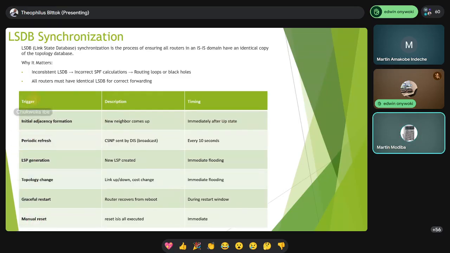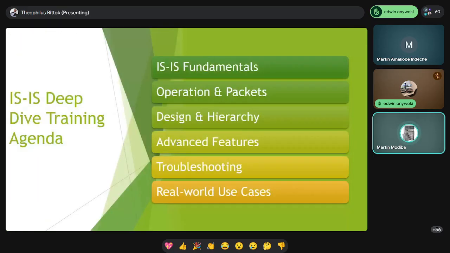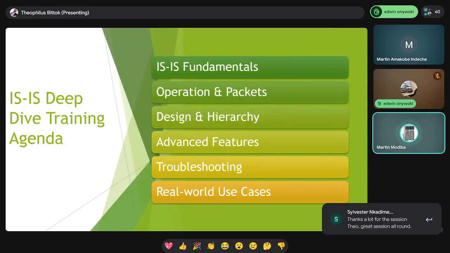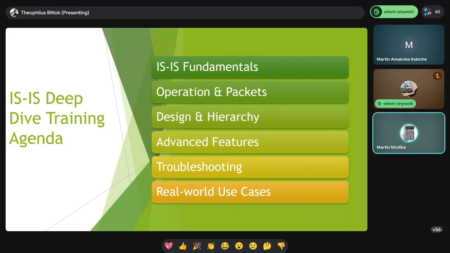Back then with OSPF, if you had an IPv4 process and you wanted to run IPv6, you were required to have two processes: the first for IPv4 and the second for IPv6.